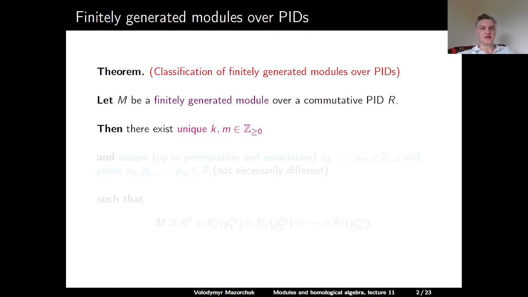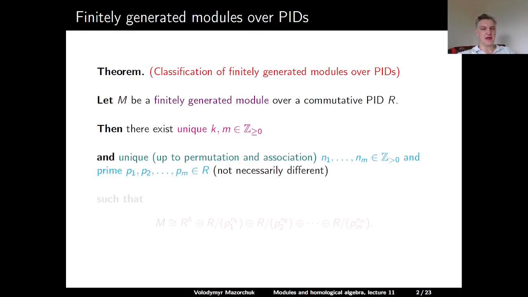Then there exist unique non-negative integers k and m, and unique up to permutation and association positive integers n1 and so on to nm, and prime elements p1, p2 and so on to pm in R, not necessarily different, such that the module M is isomorphic to the following direct sum.